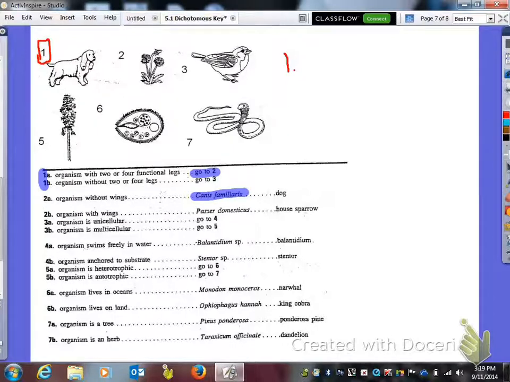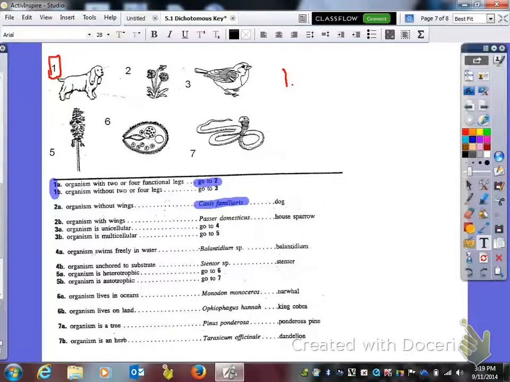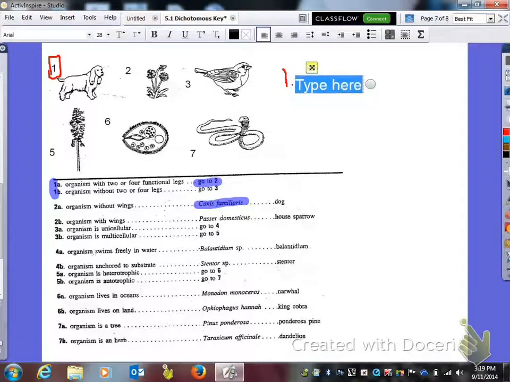So you need to write over here at number 1 the scientific name of a dog, and key that out. Okay, and we'll be doing more of this in class. Now, remember, because you wrote it and you're not typing it, you can't actually italicize it. You need to underline it.